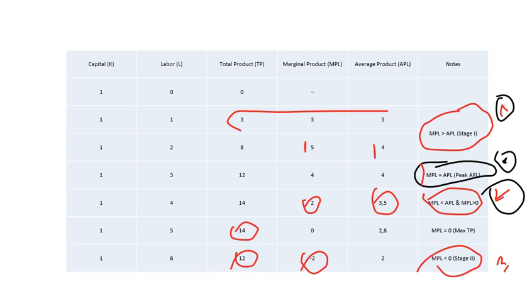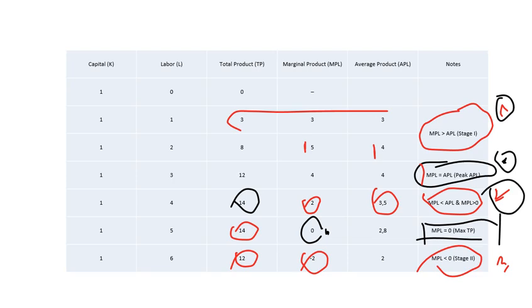Then we have another critical point, which is when MPL equals 0. It means it adds nothing to the total product. So if your total product is 40, adding an additional worker will add 0 output, which means it keeps your total product the same.